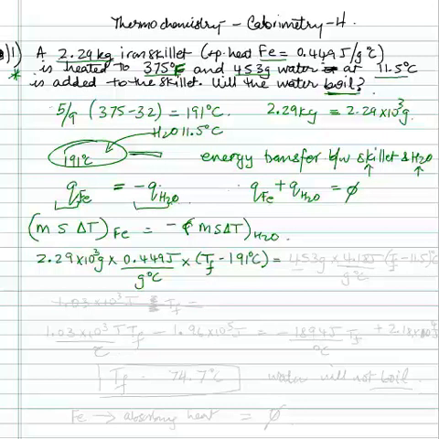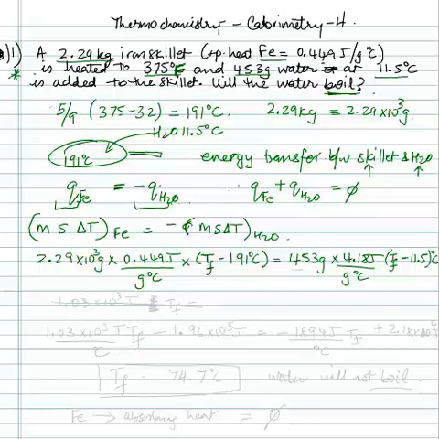This is all equal to the mass of the water, which is 453 grams, times the specific heat of water, again 4.18 joules per gram per degree Celsius, and then T is T final, which we are trying to calculate, and the initial is 11.5 degrees Celsius. That's our calculation that we have to do.